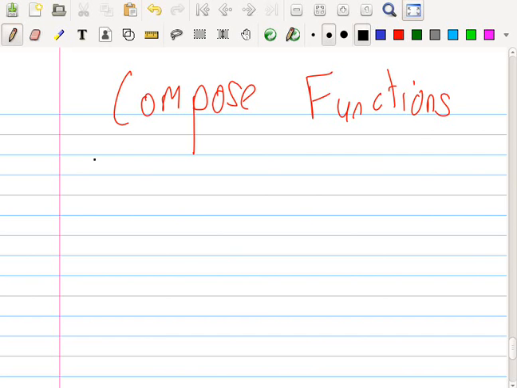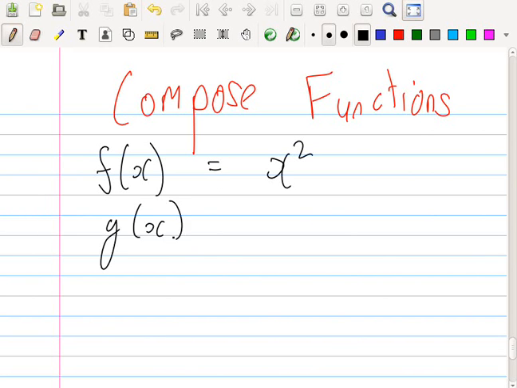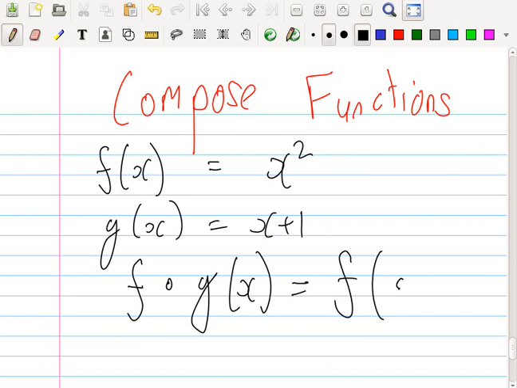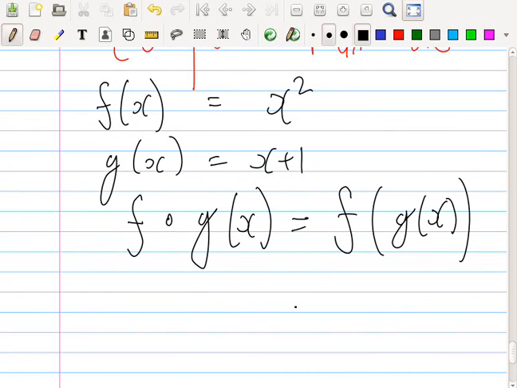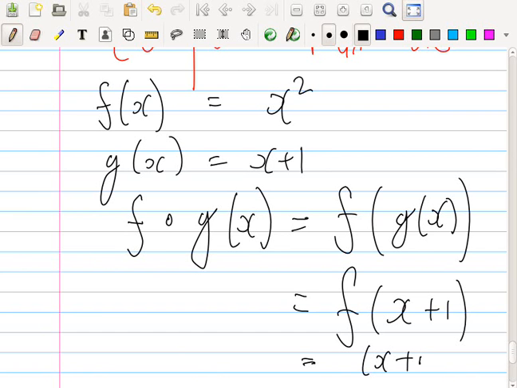So for example, if I say f(x) equals, let's say, x squared, and g(x) equals x plus 1, and then I said f compose g of x. What does that equal? Well, in fact, all it equals is f of g of x. So you put the g function inside the f function. So for example here, what's the g function here? x plus 1. So if x plus 1 goes inside of f, what happens to it? It's squared, so the answer would be (x plus 1) squared.